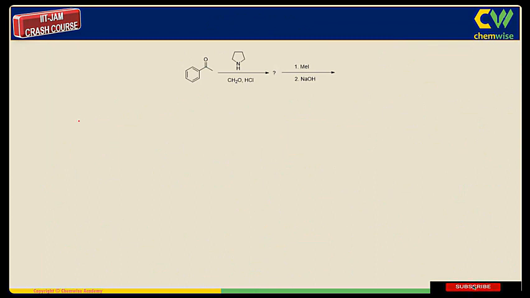Similarly, so we have this amine, secondary amine. So in presence of formaldehyde, catalytic amount of H plus, it will generate an iminium ion, N double bond CH2 plus.